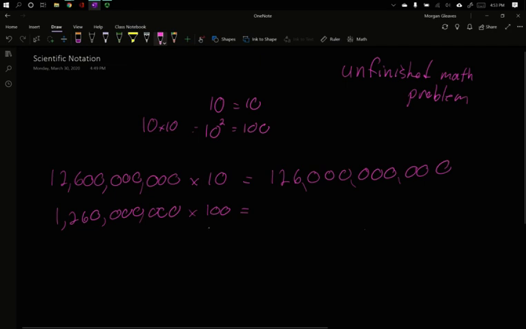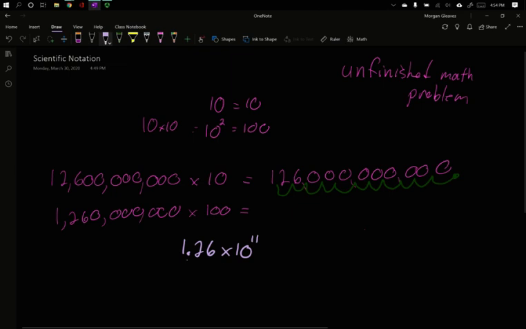So we could take this to the extreme. I started with a number who had 11 decimal places beyond the first number. So I could rewrite this as 1.26 times 10 to the 11.